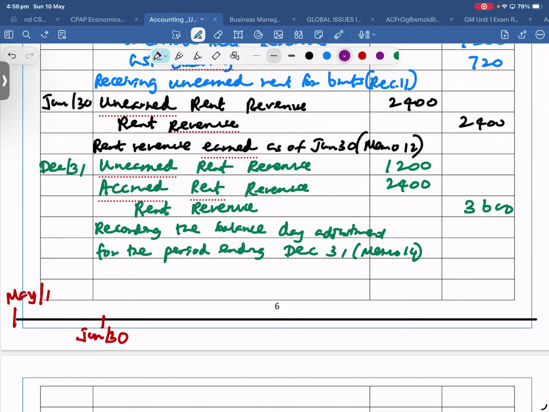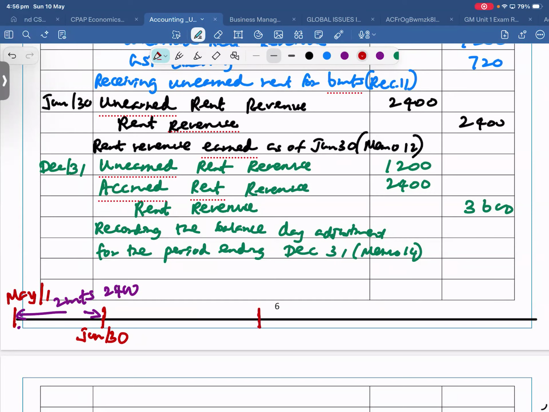Right, there are 2 months. So 2 months means how much is the rent? 2,400. And then after that we have up until September 30th.